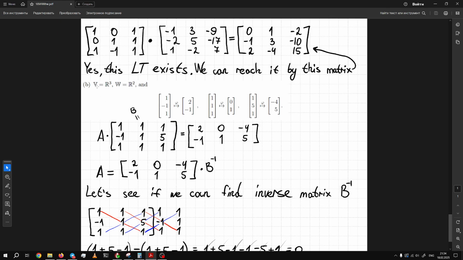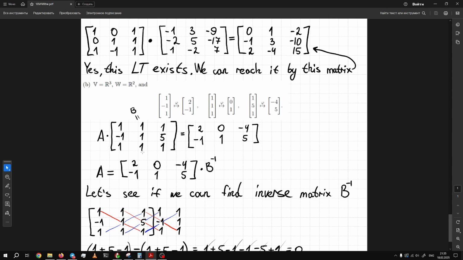Now let's check one more example, the last one. We have V from R3 and W from R2. So we also have three transformations. We do the same thing. We construct the matrix of inputs and of outputs. And let's see.